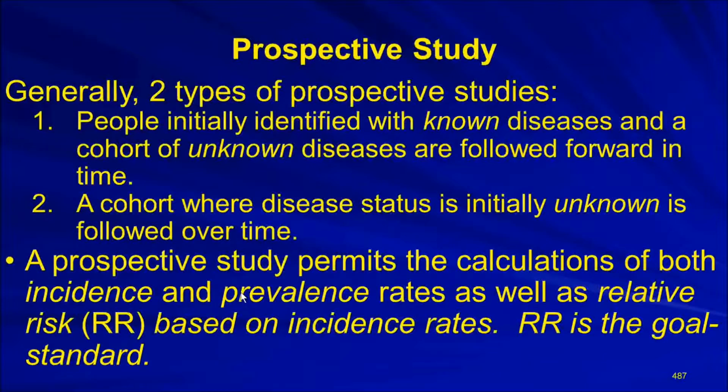I haven't talked to you about any of the statistics yet, but oftentimes people will mention relative risk immediately, because we know statistics are associated with study design. When somebody says relative risk, that means a longitudinal or prospective study.